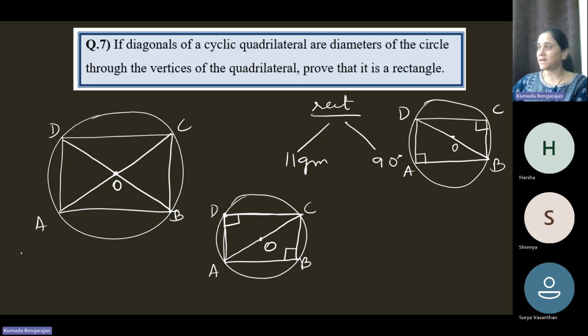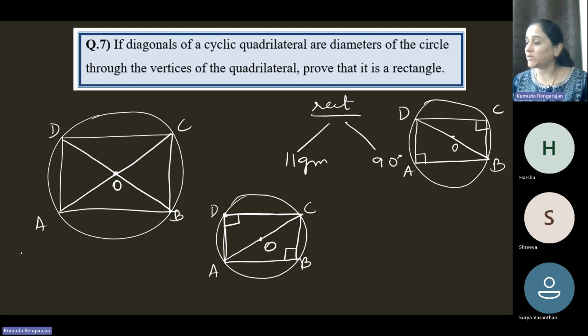If AC and BD are diameters, where will they intersect? At the center of the circle, which is O. Because they're diameters, they have to meet at O. Which means O is the midpoint of AC. O is also the midpoint of BD. So we got the midpoints using diameters.